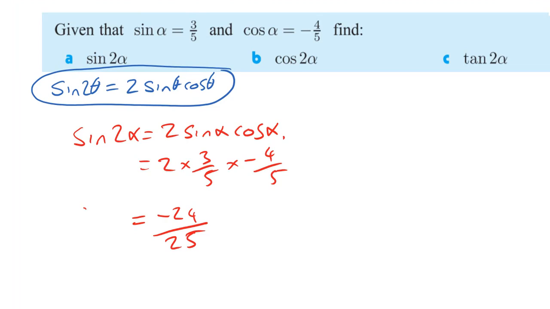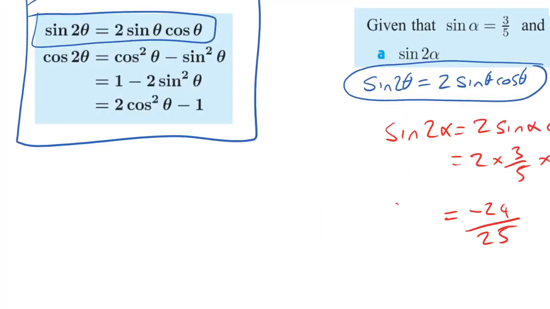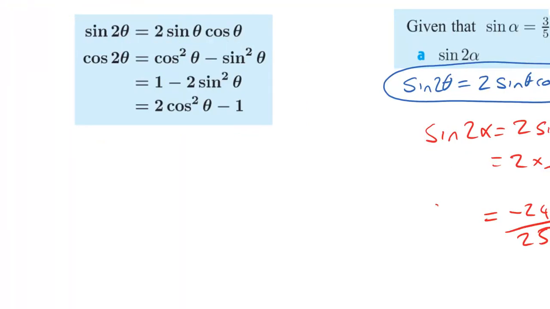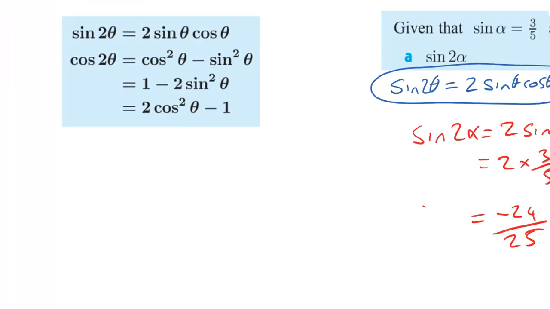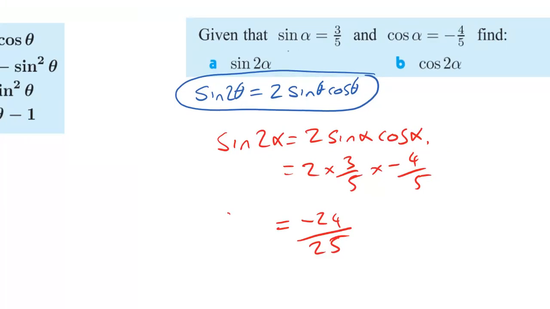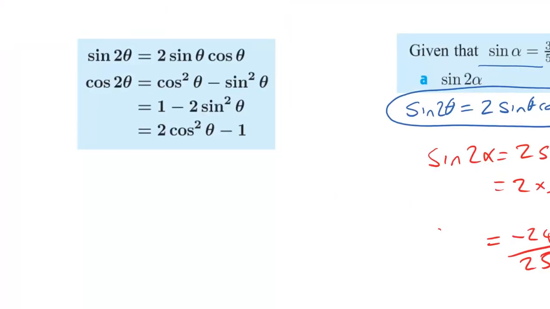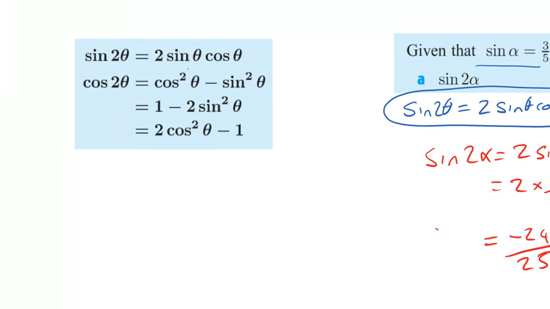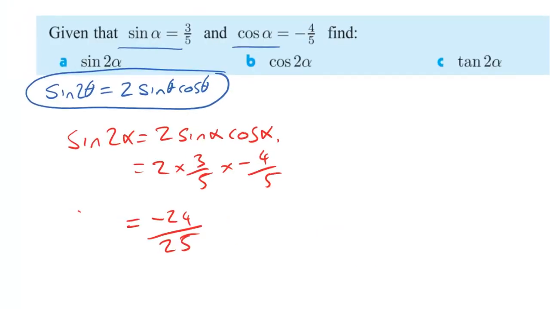Now, in the next example, we have got to find cosine 2 alpha. Now, there are 3 different versions of the formula for cosine 2 alpha. And given that we've got the sine and the cosine, it's probably most useful to use this one here. So we can swap directly in the sine and the cosine. So if we write this out, this time we'll just replace it with an alpha. Okay, that is cosine 2 alpha equals cos squared alpha minus sine squared alpha.